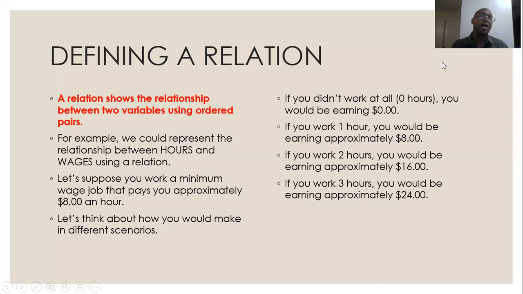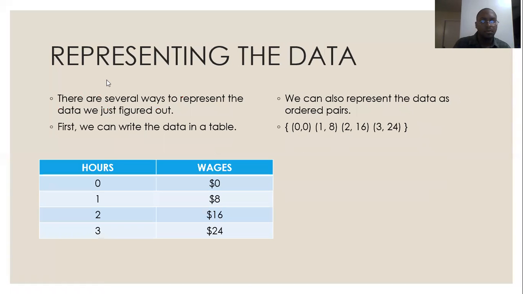So how would I write that in a fancy math way? Well, one thing I could do is use that thing I used before called a table. I could simply take the hours and the wages and just list them.